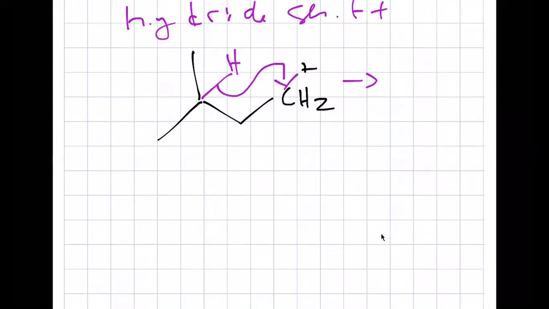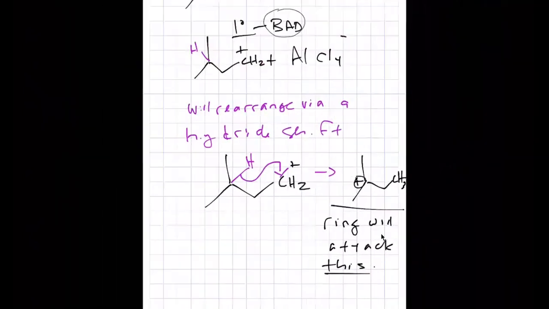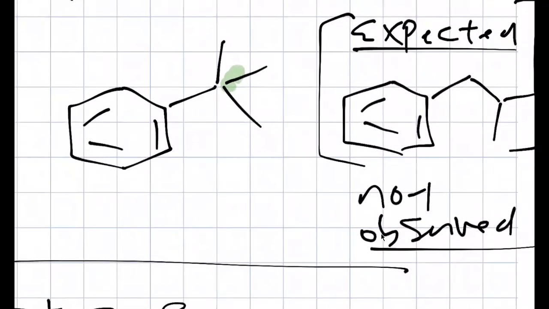I think I'm missing a carbon in the product. I'm going to fix that though. So I end up with this cation right here. This becomes a CH3, and now that's positive, and this is what the ring is going to attack. I need another carbon right here, and I need another one over here.